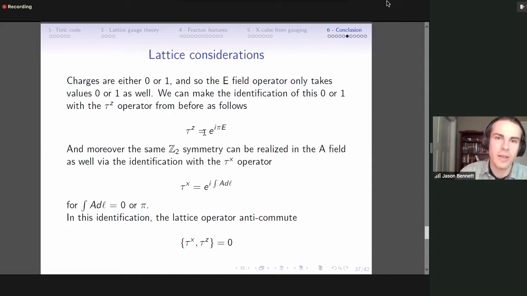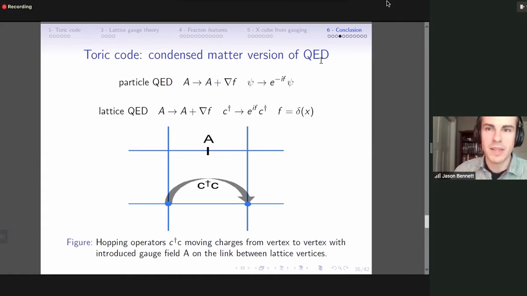Most of what I encountered throughout this gauging procedure wasn't easy, but it was something I could find easily in the literature. But this QED on the lattice was something I struggled to find. Maybe I was looking in too much condensed matter. Maybe this is more of a particle thing, but I was hoping to get some clarification on it.